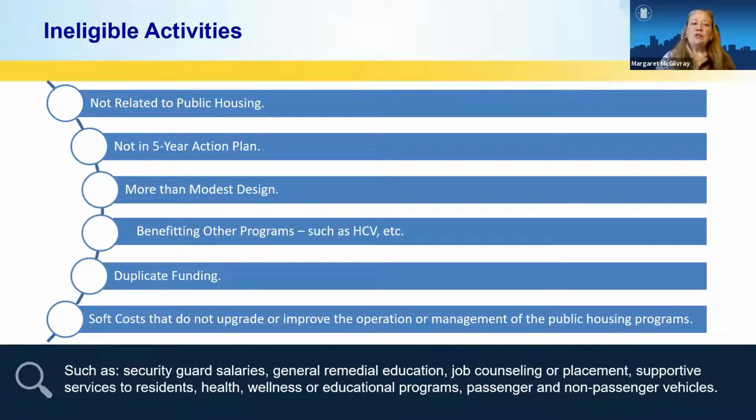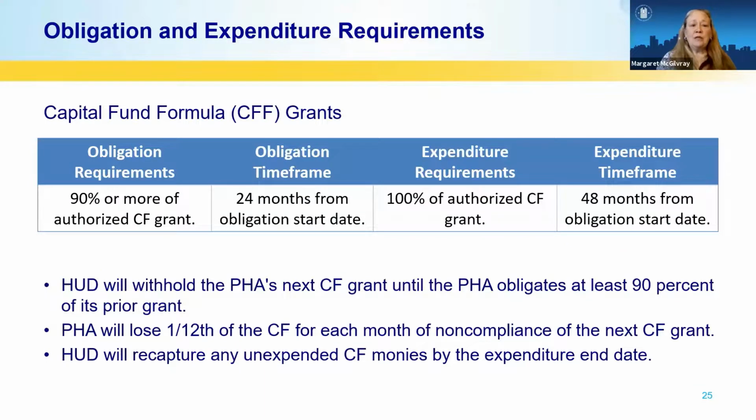So let's get on to obligation and expenditure requirements, which is a key element of the capital fund program. Capital fund grants expire and must be obligated and expended within a certain period of time, or HUD will recapture them or sanction the housing authority.